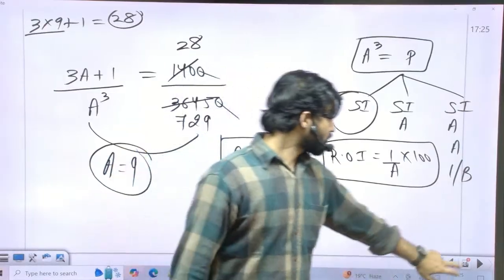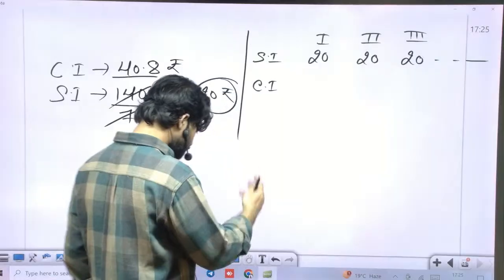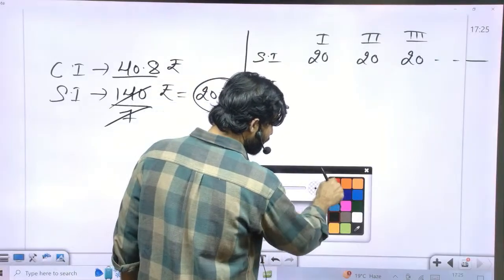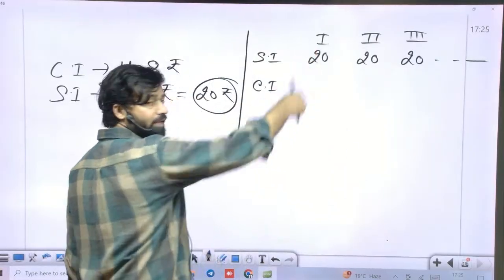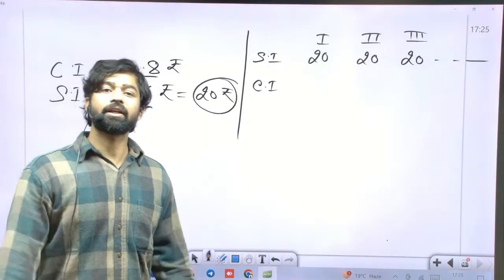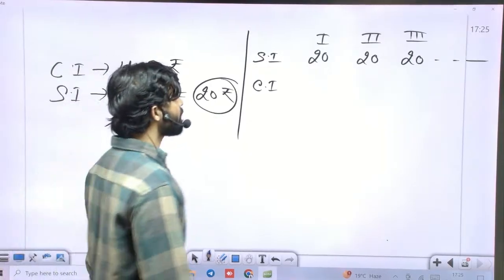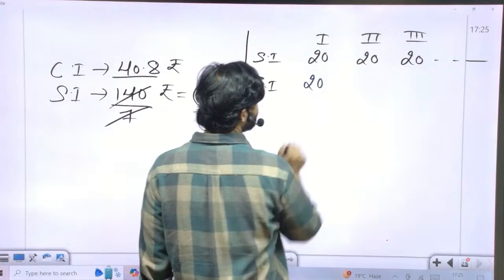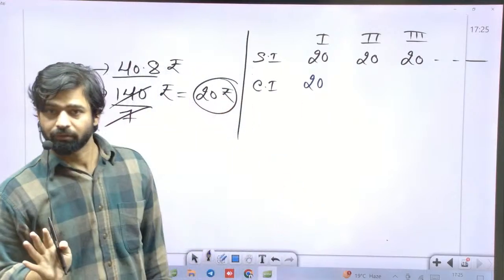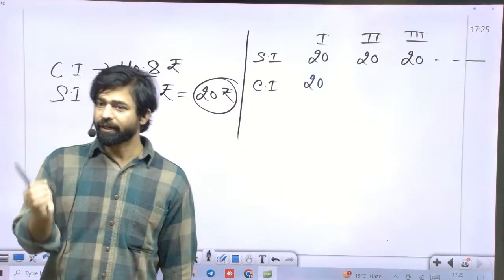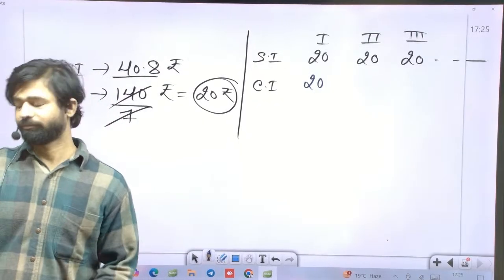So if we are getting 20 rupees as SI for the first year, we will get the same 20 in CI, because we are getting the same value.